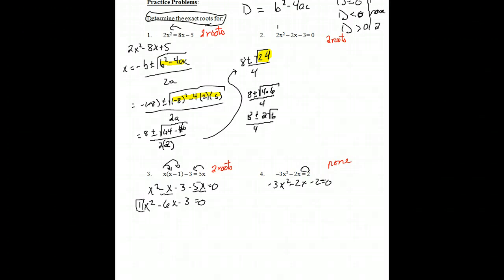Divide that by 4. The 8, the 6, and the 4 can each be divided by 2. So you would end up with 2 plus or minus square root 6 all over 2. And this is an exact answer.